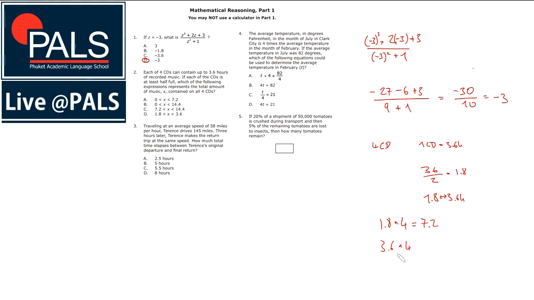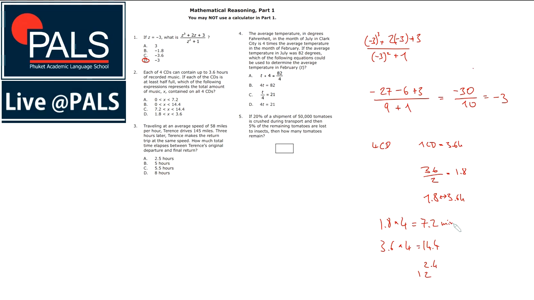And 3.6 times 4: 0.6 times 4 is 2.4, and 3 times 4 is 12, so 14.4.